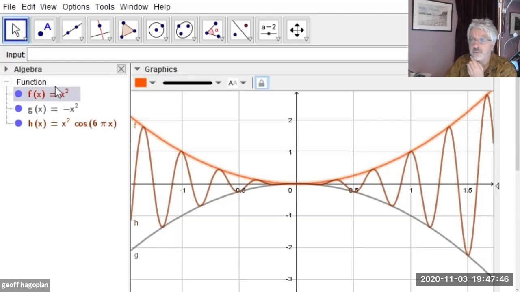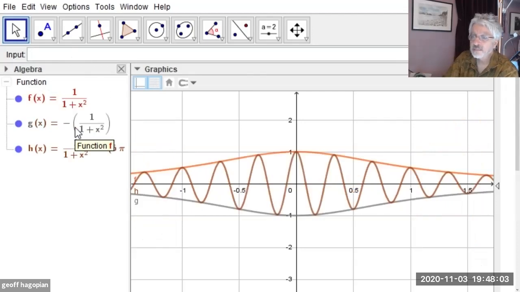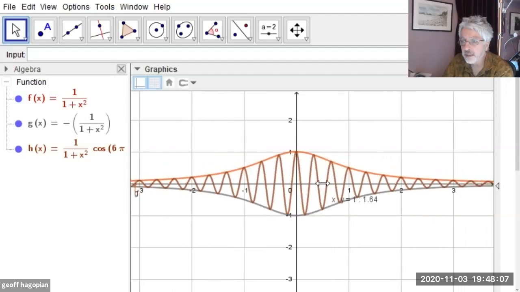Let's change this function and see how that changes things, right? So I'm going to say, yeah, let's make this 1/(1 plus x squared), like that. So you still see this sort of behavior, right?